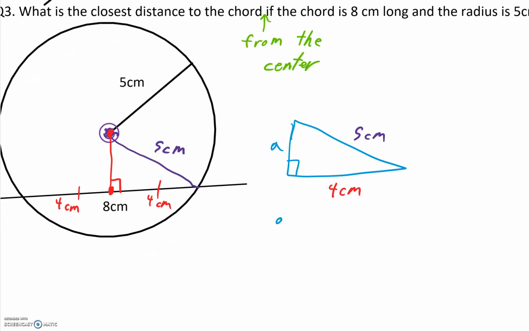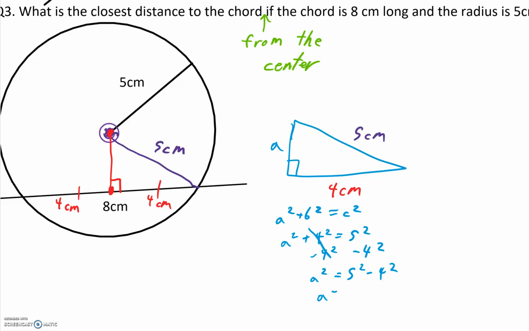Alright, so a squared plus b squared equals c squared. Because it is side lengths, not angles, we have to use this. And we've got a squared still, but we've got a squared plus 4 squared equals 5 squared. Then we have to move the 4 over, so minus 4 squared, minus 4 squared. Cancels there, so now we're left with a squared equals 5 squared minus 4 squared.